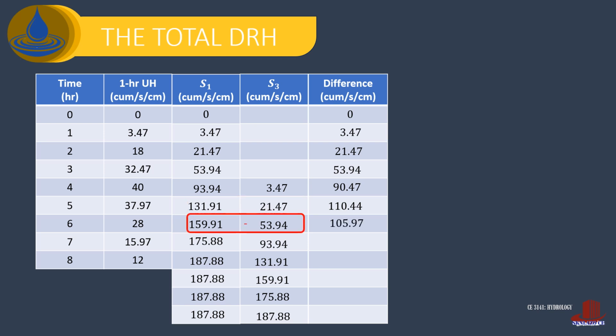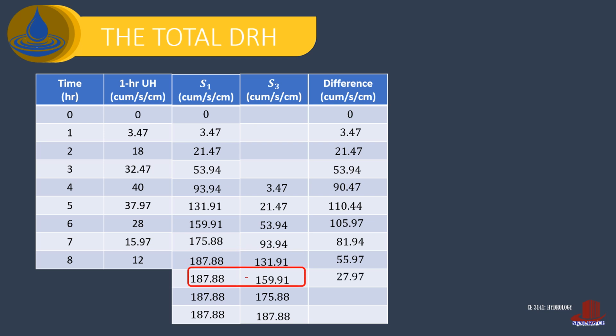At T6 is 159.91 less 53.94, resulting to 105.97. At T7 is 175.88 minus 93.94 or 81.94. At T8 is 187.88 minus 131.91, which is 55.97.